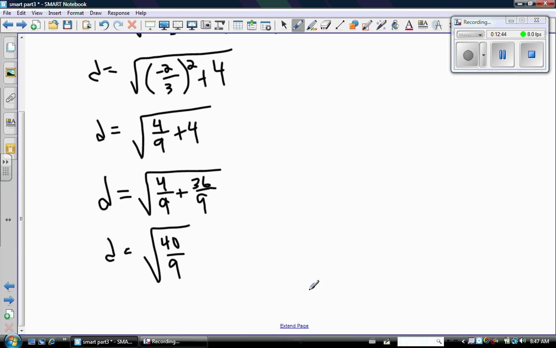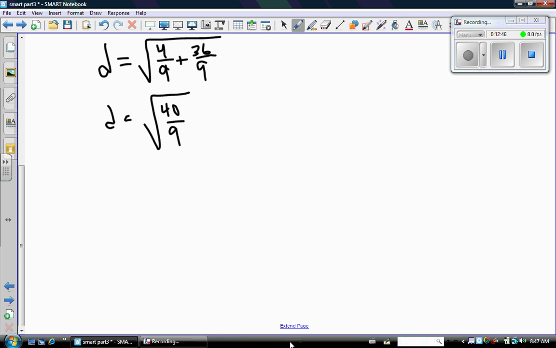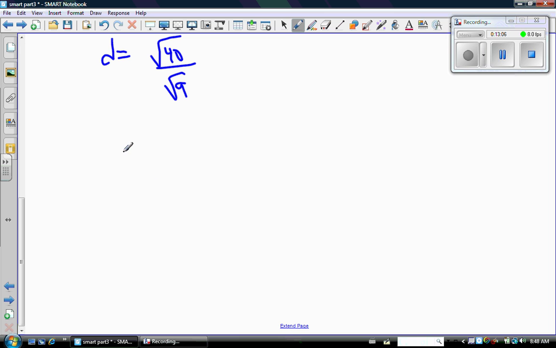And again, this is the point where if your teacher's okay with decimals, turn this into a decimal and you're basically done. I'm going to keep going and show you the more formal math that you could do, just like in CQ. So what do we do? Well, we know that I can write this as root 40 over root 9, and that's nice because we know the square root of 9 is just 3. But what do we do with root 40?